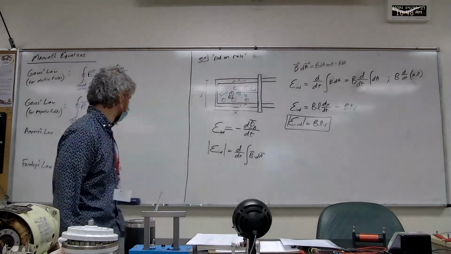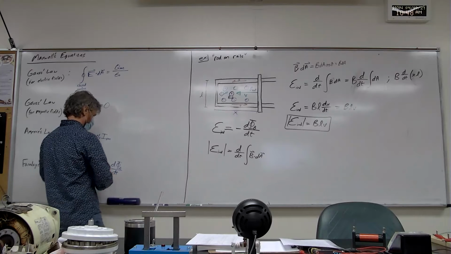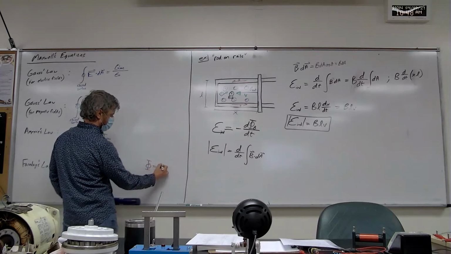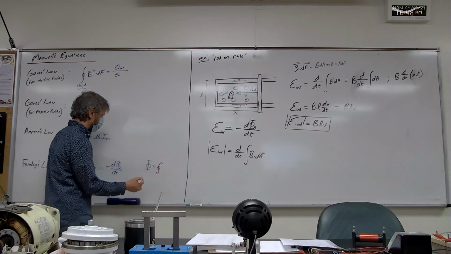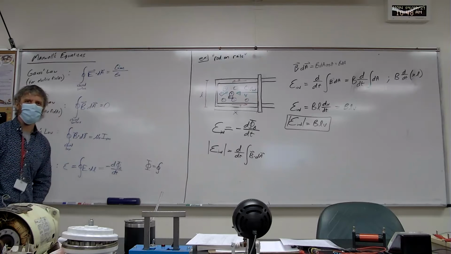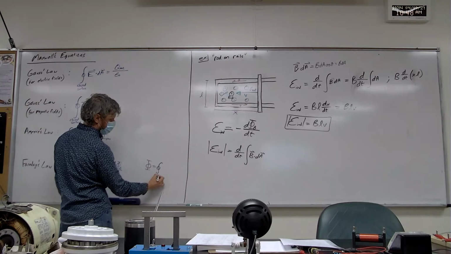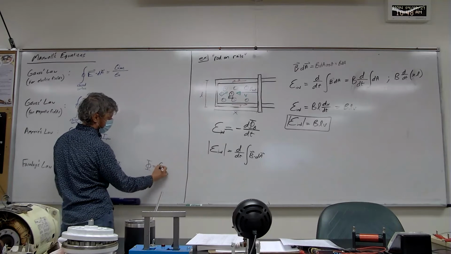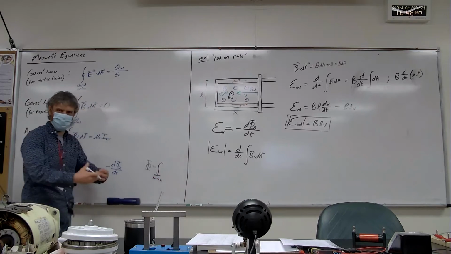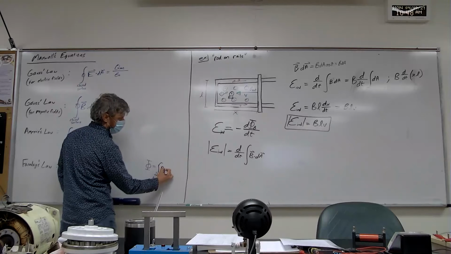And then you just have to know that the magnetic flux is the integral, not over the closed surface, but over the open surface defined by the wire, of B dot dA.